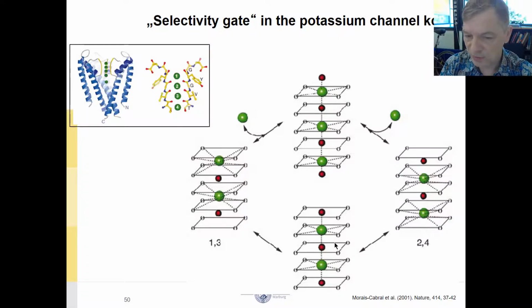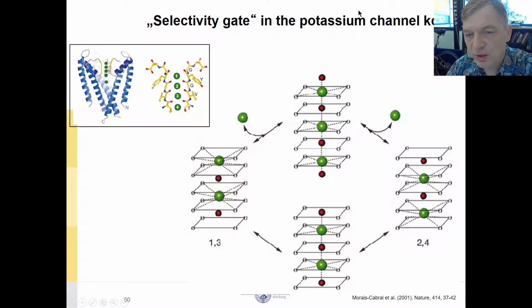So we cannot have any kind of activation energy happening, and that is done by alternating the potassium ion with a water molecule, to which it's of course coordinated. So there's a file of potassium and water going through this channel at the same time.